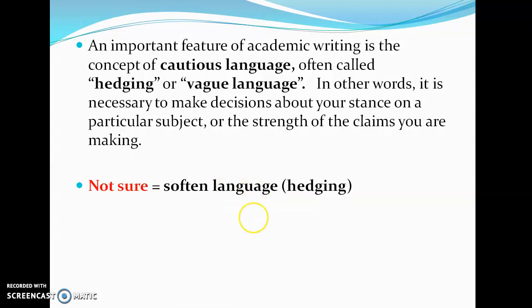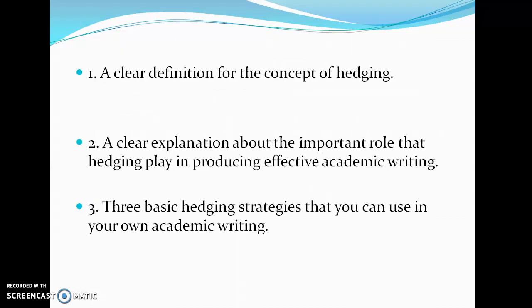Or you can say that hedging is softened language, which is the best way to express the writer's opinion, helpful to show the writer's distance between the opinion and absoluteness.